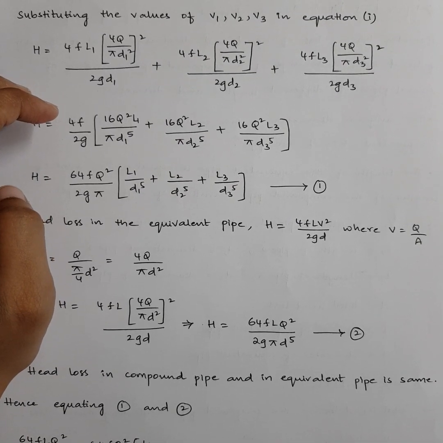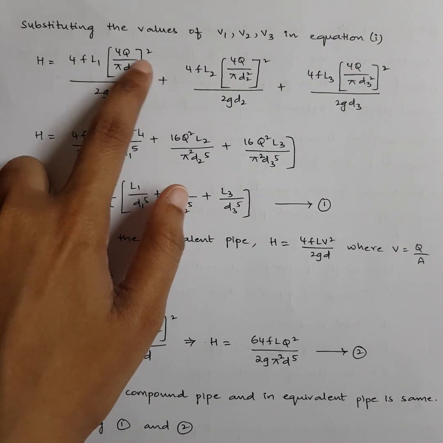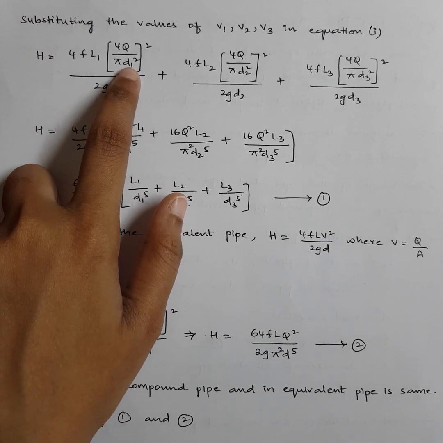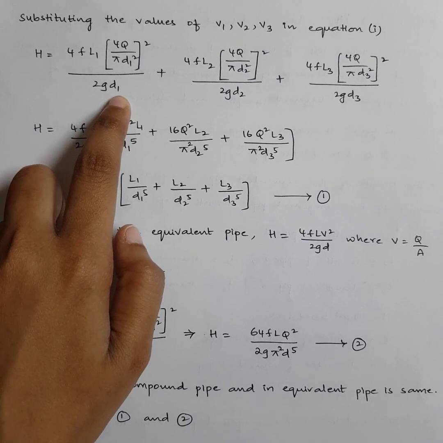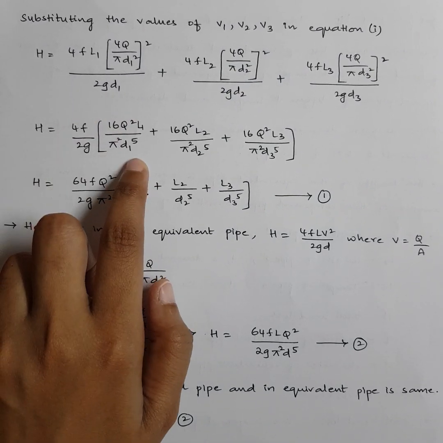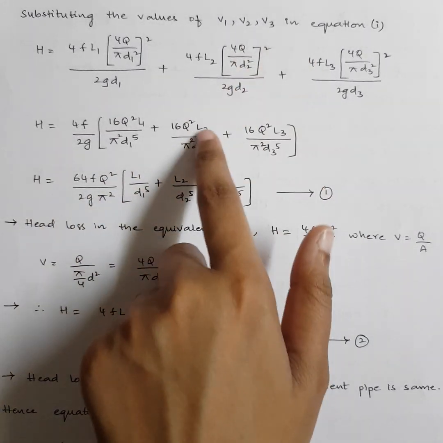Similarly, D1 square whole square will become D1 power 4, and already in the denominator you have another D1, so it's completely D1 power 5. Plus again here also the same.